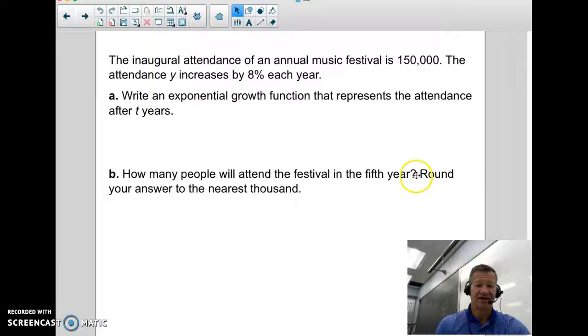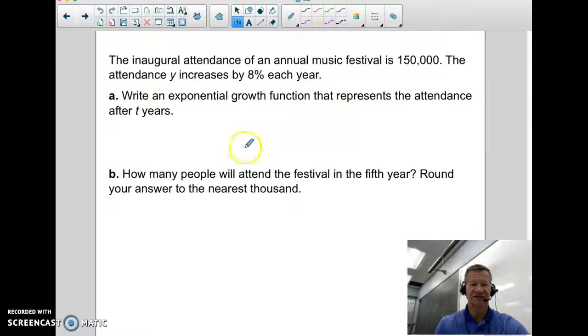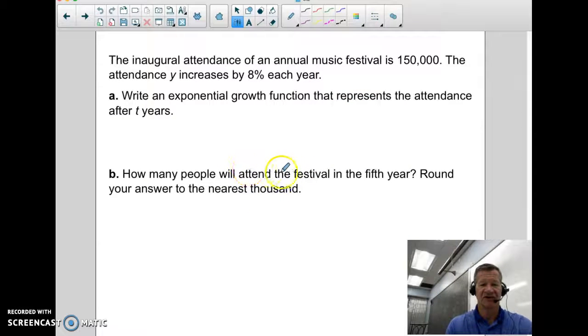The inaugural attendance of an annual music festival is 150,000. That's the first attendance, the inaugural attendance. The attendance y increases, and it's very important that you read carefully whether it's increasing or decreasing, by 8%. Remember that percent we always have to change to a decimal.